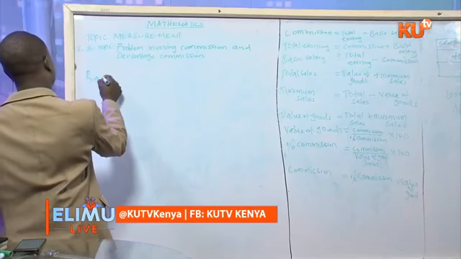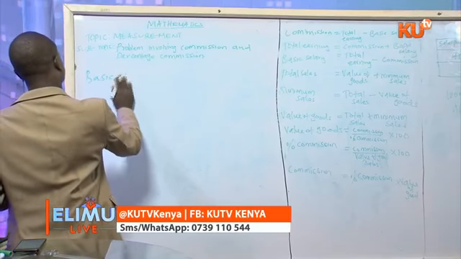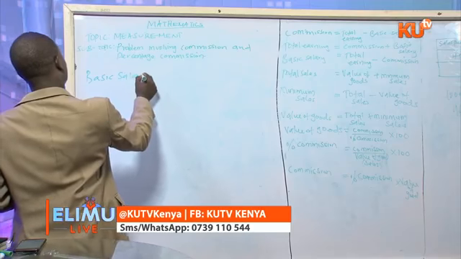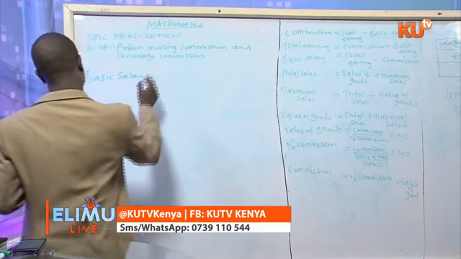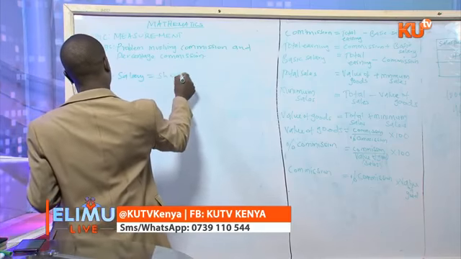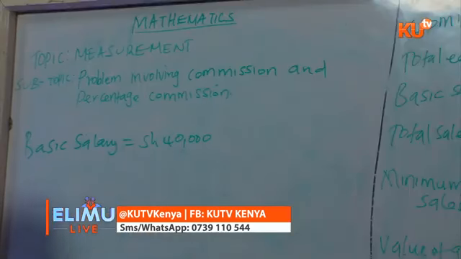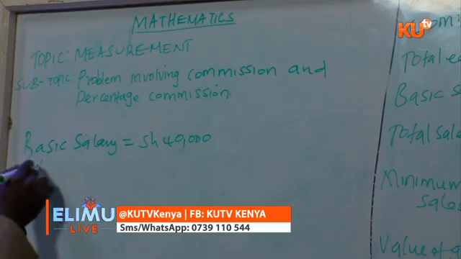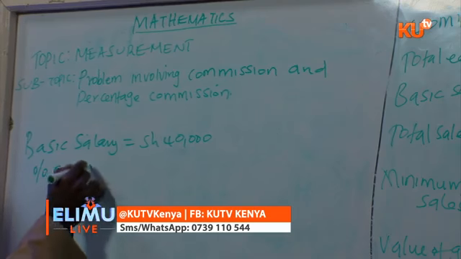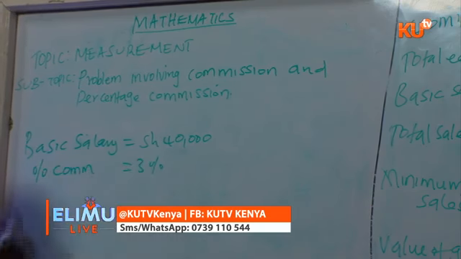So we have basic salary. He was given a basic salary of 40,000 shillings, and he is also paid a commission of 3%. So the percentage commission is 3%.